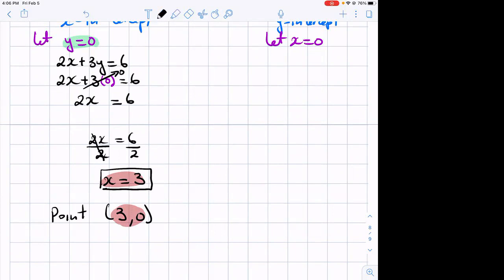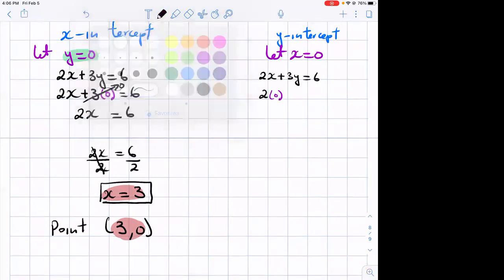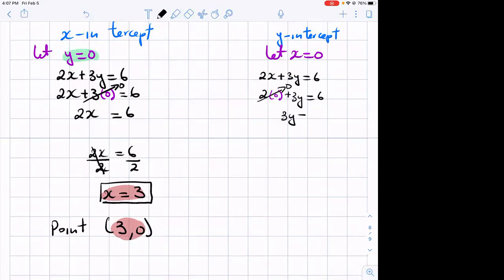Now, if we continue and find the y-intercept, 2x plus 3y is equal to 6. Now x is equal to 0. So 2, and instead of x, I write 0, plus 3y, and that is equal to 6. And 2 times 0 becomes 0, so we don't need to write that. So we're left with 3y is equal to 6.